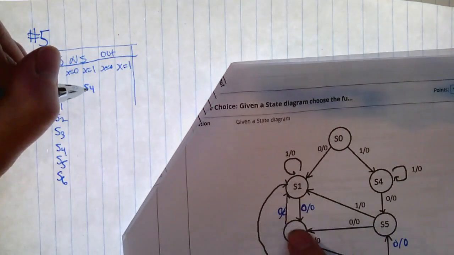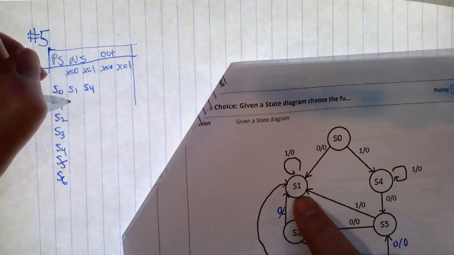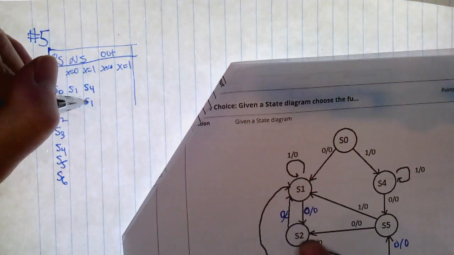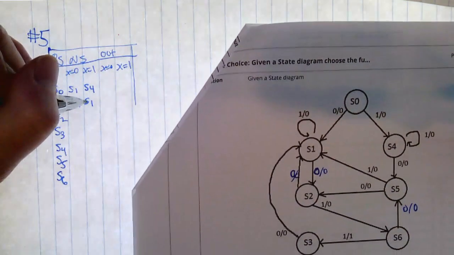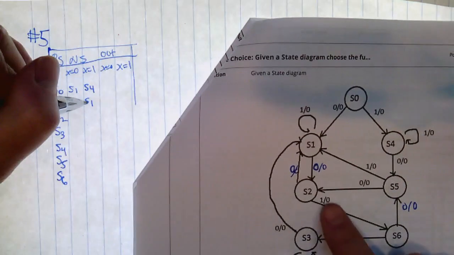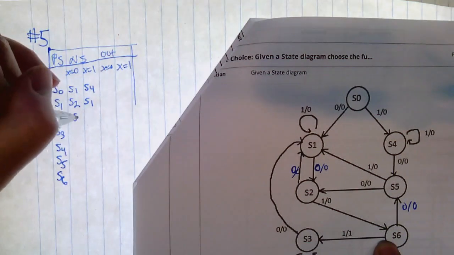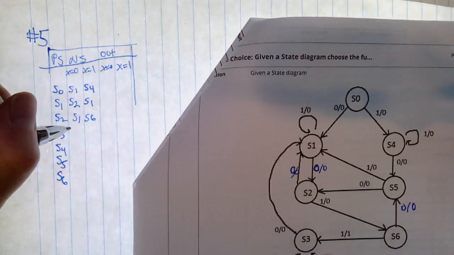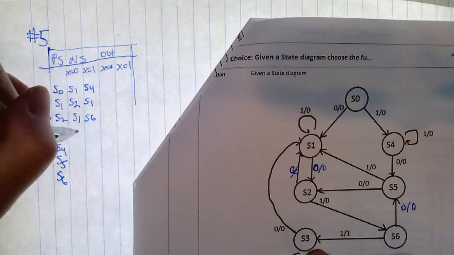State 1 goes to state 2 or state 1. State 2 goes to state 1 or state 6. State 3 goes to state 1 or state 3.